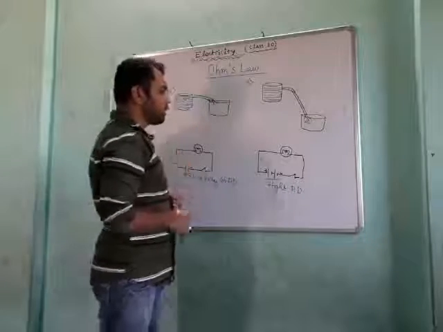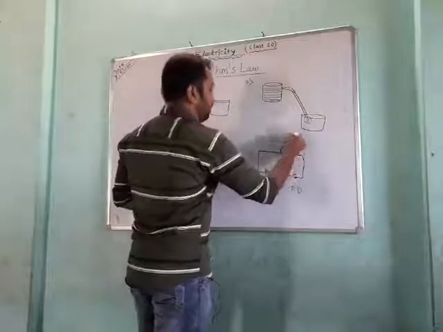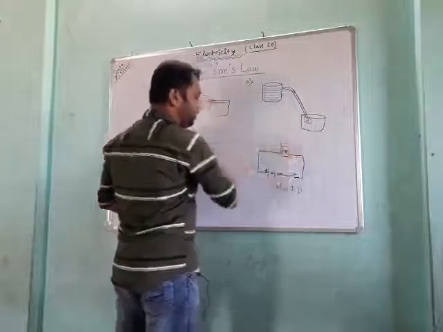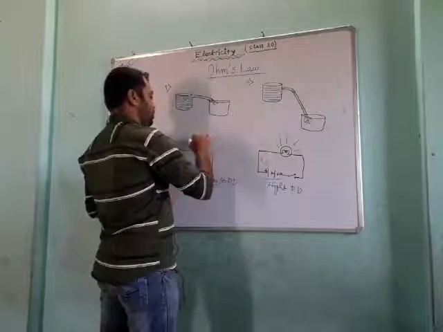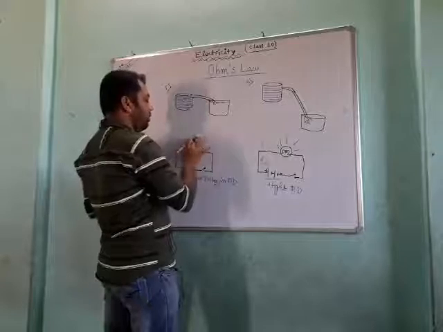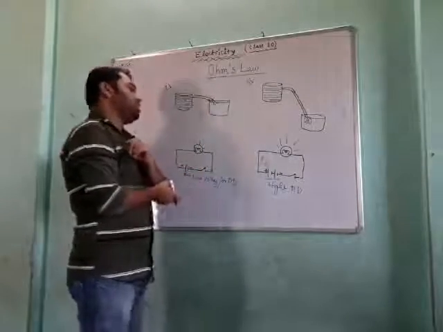It is very easy to guess that the higher potential difference will glow with maximum brightness, and the other will have a little less brightness.